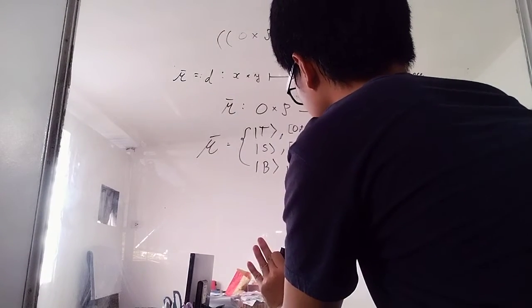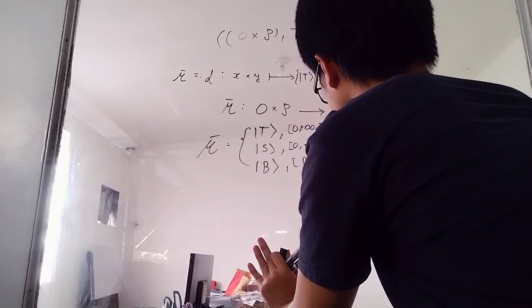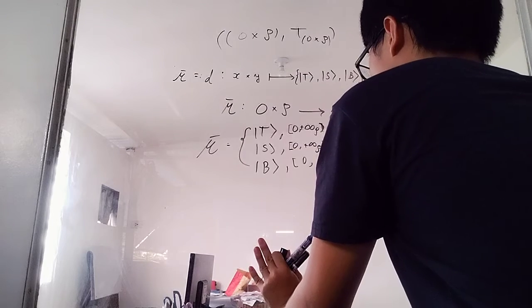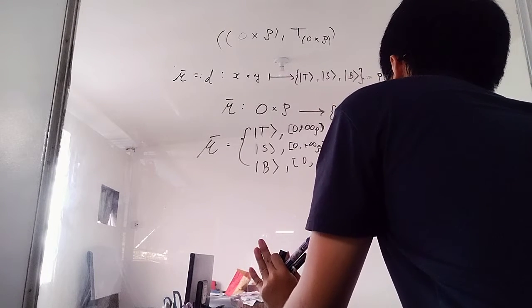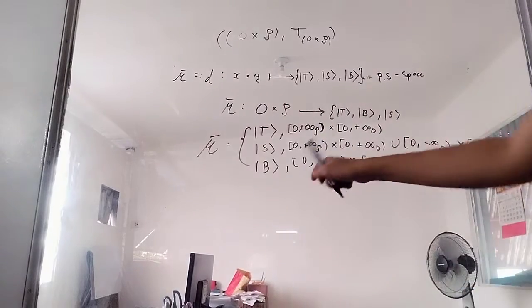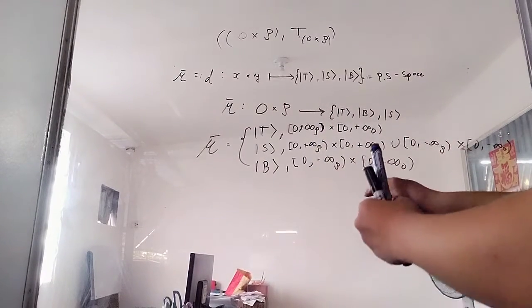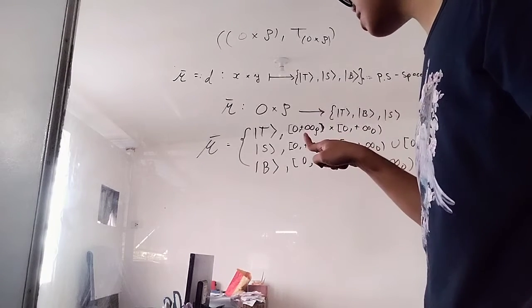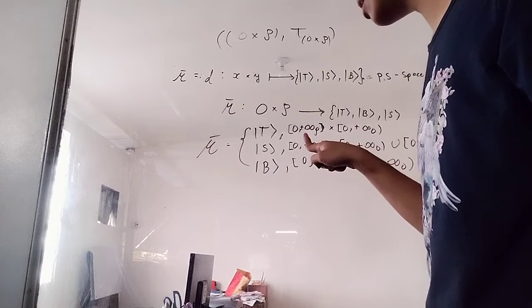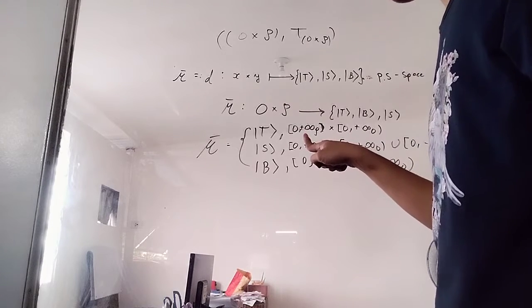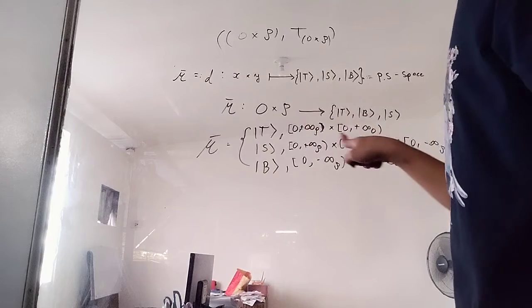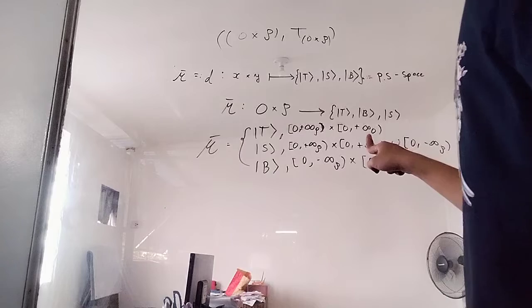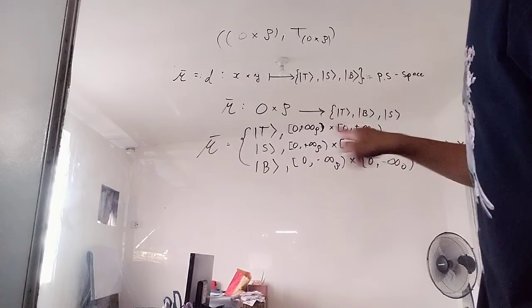So this is 0 to minus infinity P cross 0 to minus infinity O. So that's our piecewise function, and we're saying that if a person lies within this interval in the P direction, or in the dynamic direction, and it lies within this interval in its second coordinate, which is the O direction, we're saying it's a top.